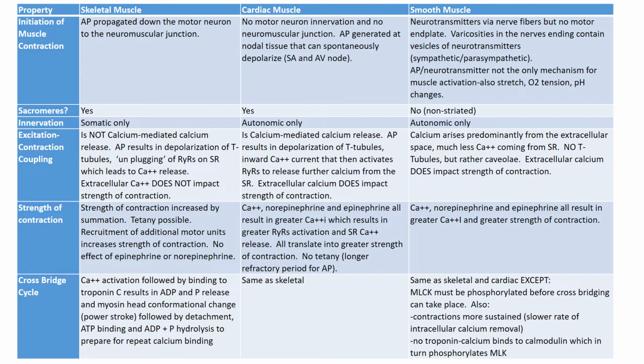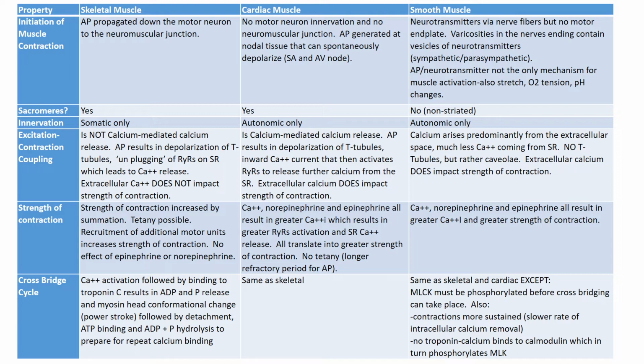This could be contrasted to smooth muscle, where neurotransmitters via nerve fibers activate the muscle, but there's really no motor end plate. Varicosities in the nerve endings contain vesicles of neurotransmitters, both sympathetic and parasympathetic. And action potentials and neurotransmitters are not the only mechanism for muscle activation.